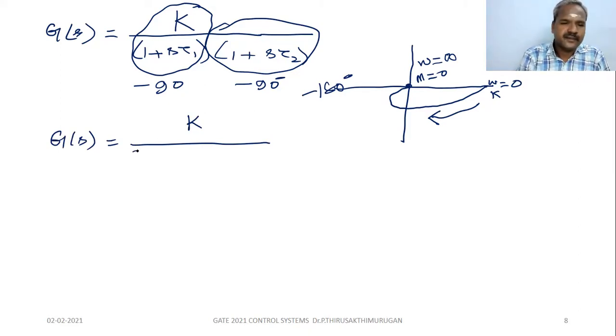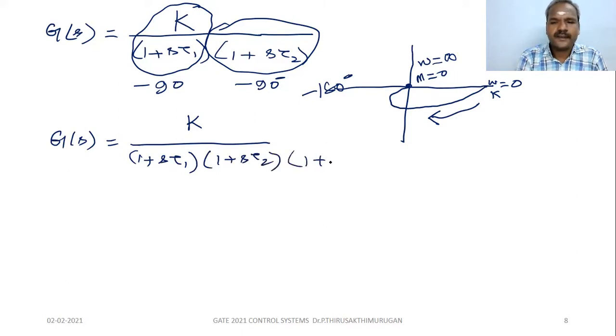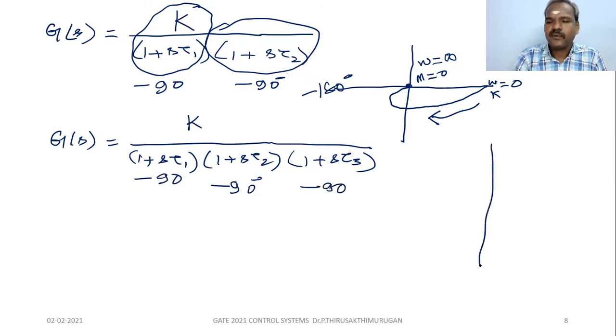So take 1 plus S tau 1, 1 plus S tau 2, 1 plus S tau 3. This is minus 90 degrees, minus 90 degrees, minus 90 degrees. So the plot starts here at K and ends at minus 270.